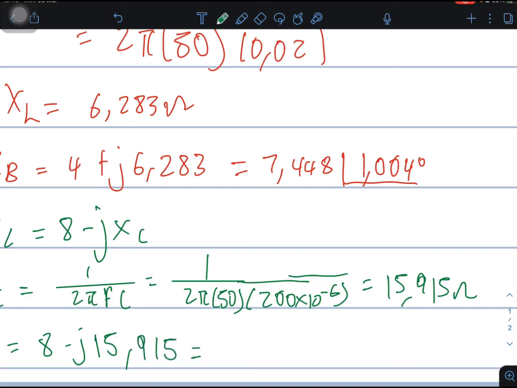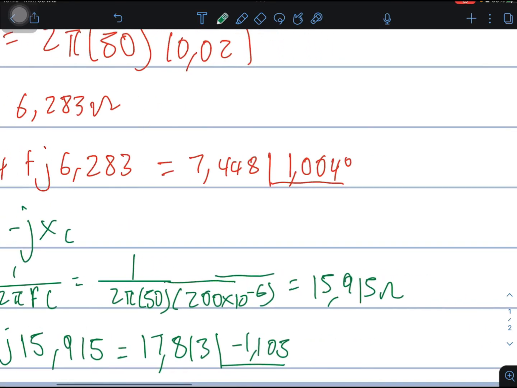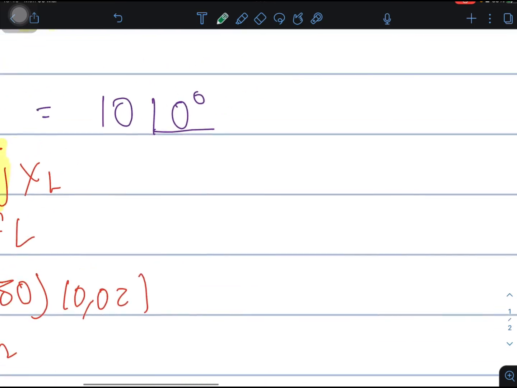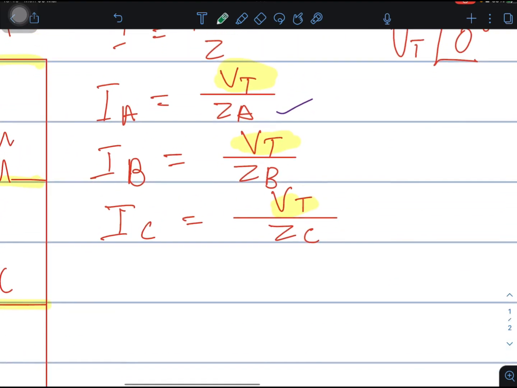Now let us punch that. 8 minus 15.915, so we get 17.813 at negative 1.105 in polar. Now that we have found our impedances, we can find IA.